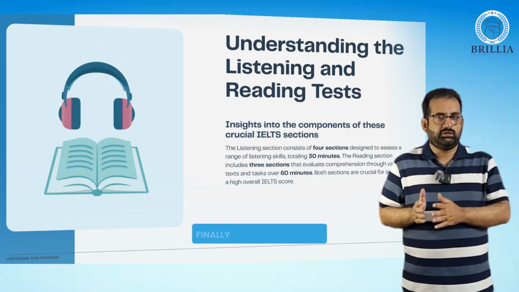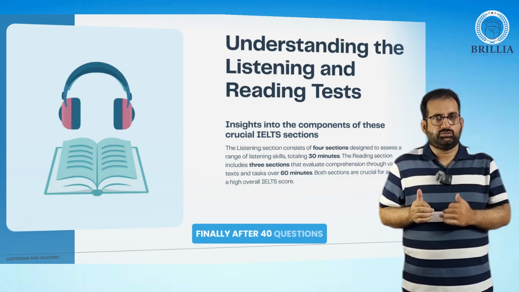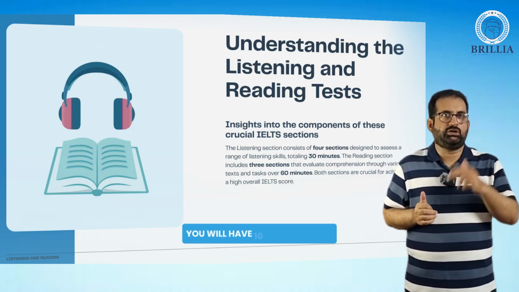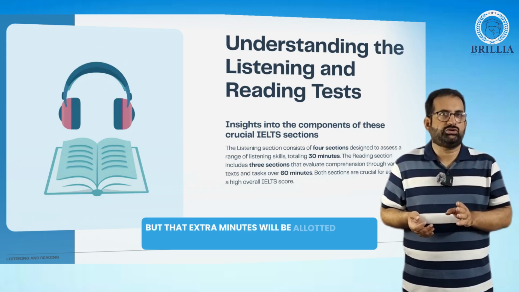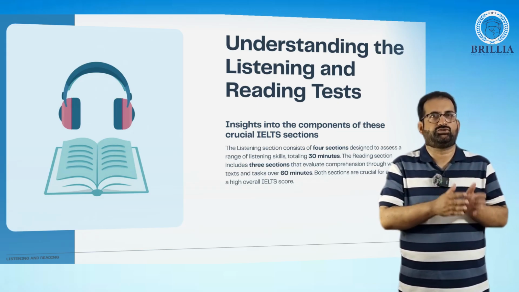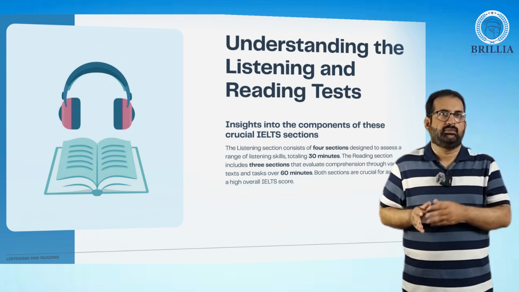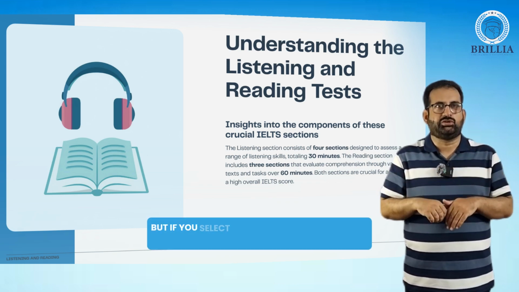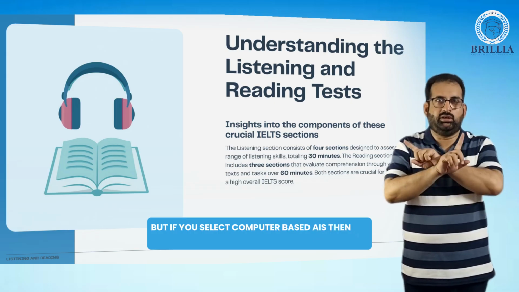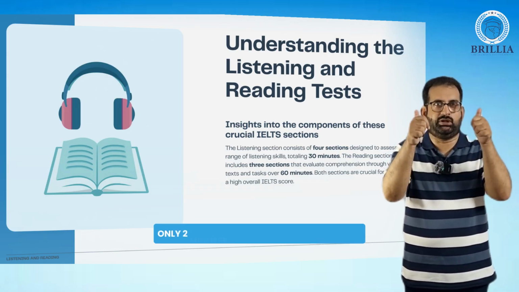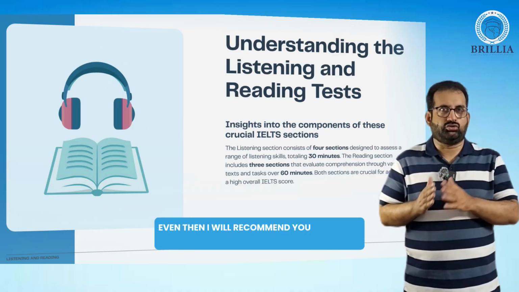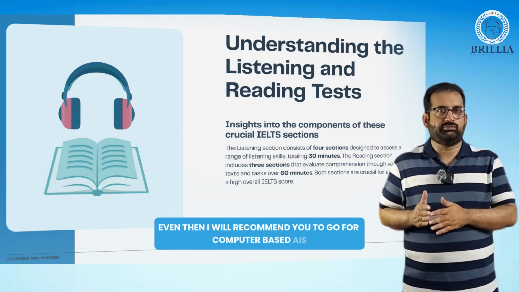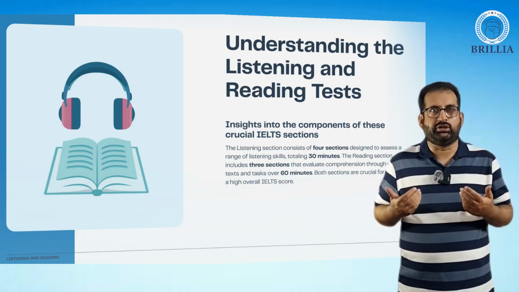Finally, after 40 questions, you will have 10 extra minutes, but that extra time will be allotted only if you have selected paper-based IELTS. But if you select computer-based IELTS, then no extra time, only 2 minutes, so you have to be very fast. Even then, I will recommend you to go for computer-based IELTS because paper-based is going to become obsolete.